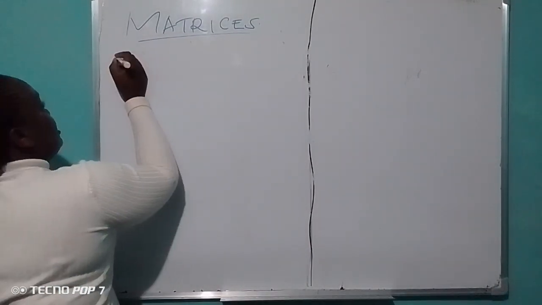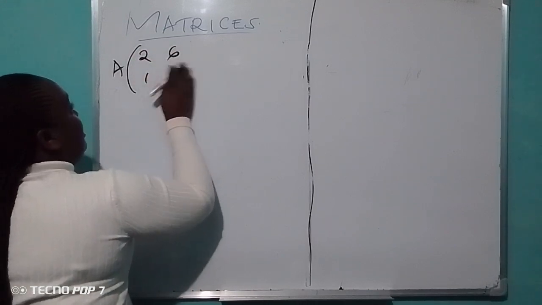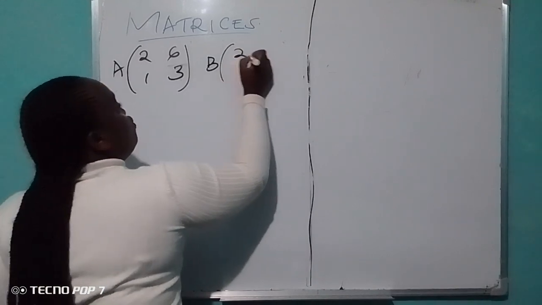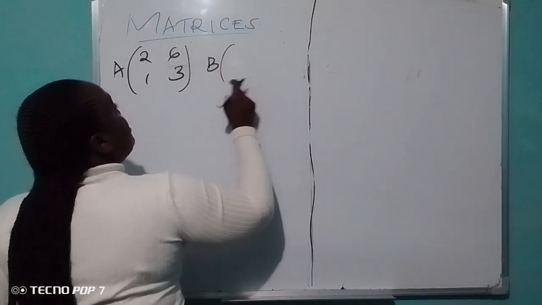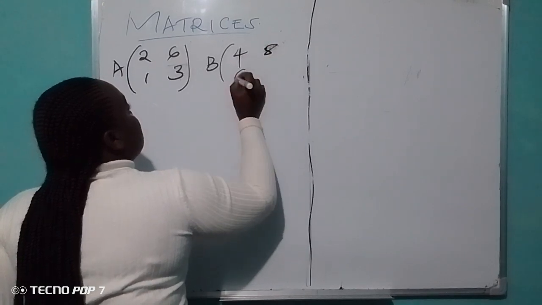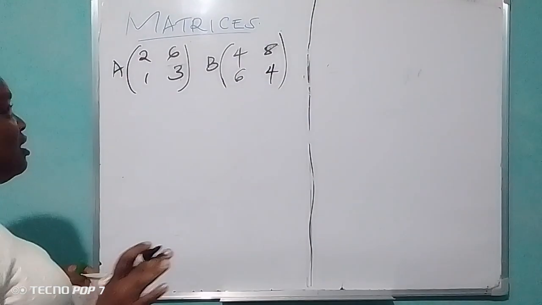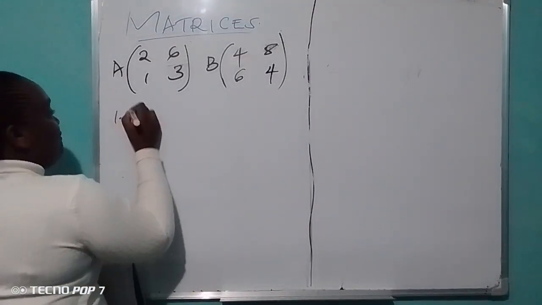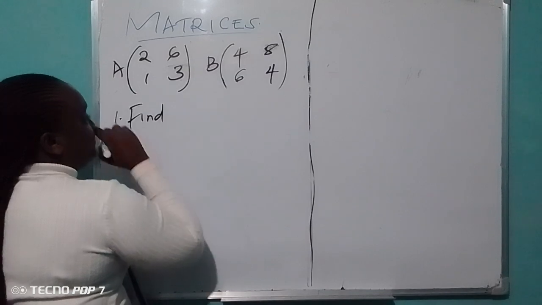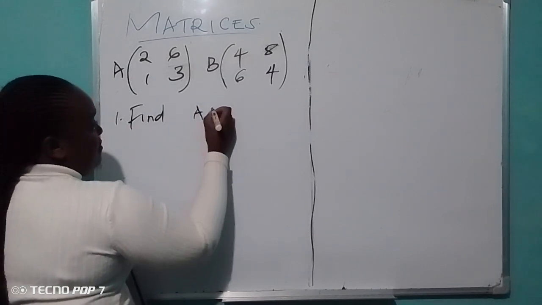So this is transpose A is 2 6 1 3, B is 4 8 6 4. So that is transpose A and B. So first find AB.